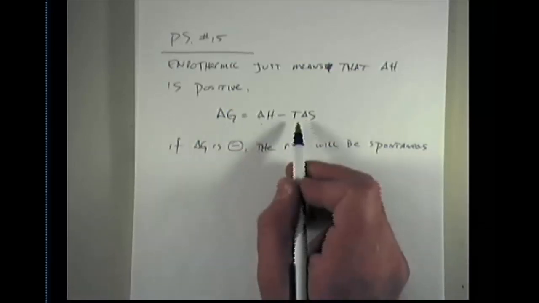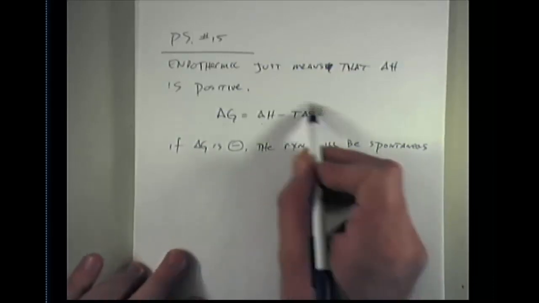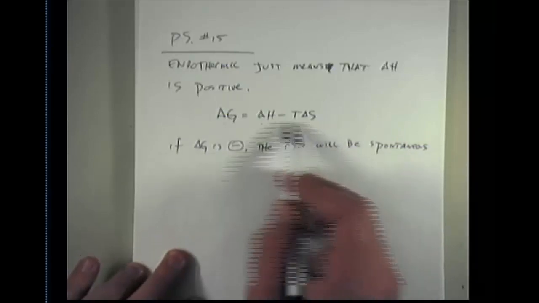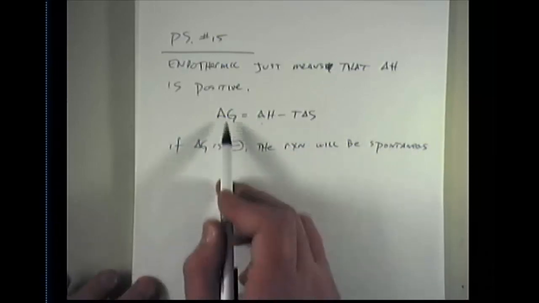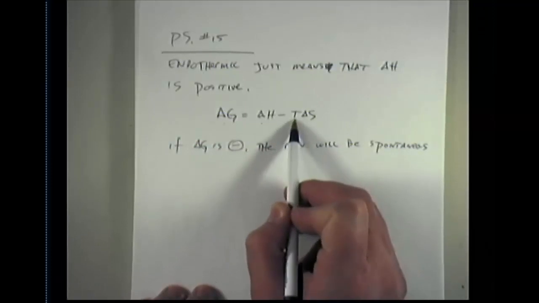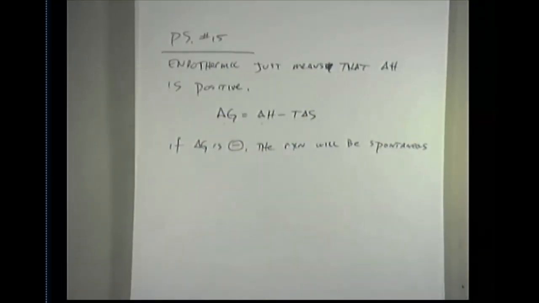So if I've got a very high positive temperature and a very high positive delta S, it's possible that those two terms combined will still make the overall mathematical value here negative and still result in an overall negative delta G. Does that make sense? So once again, the idea is we can make a process still be spontaneous if we do things that involve increasing the temperature or increasing delta S, even if the reaction is endothermic.